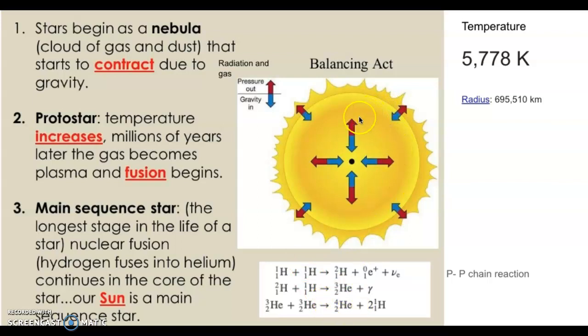Now, as a consequence of that fusion reaction and that gravitational force inwards, we end up with 3 forces acting outwards. The first force is due to gas pressure. Now, gas pressure forces are acting outwards because the particles have huge amounts of energy. Now, if you remember from topic 3 and kinetic theory, the particles vibrate, and they vibrate and collide into each other, which means that they eventually push outwards.